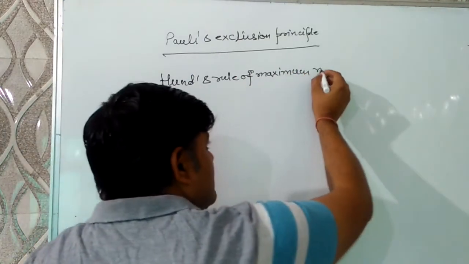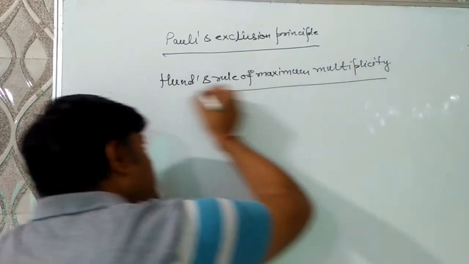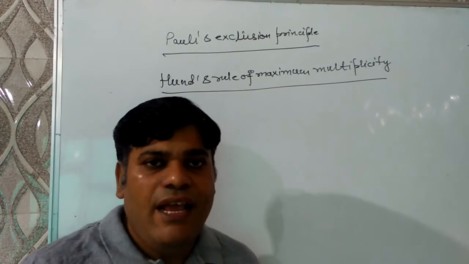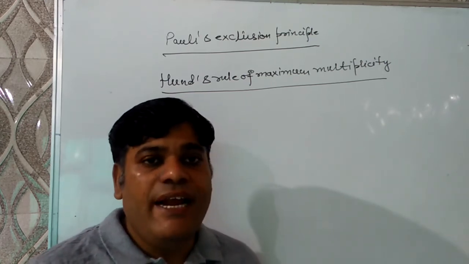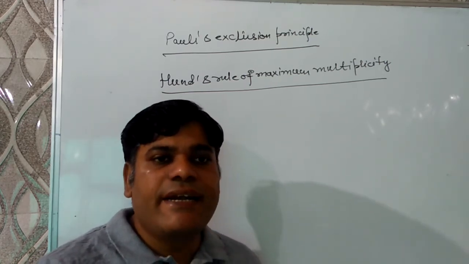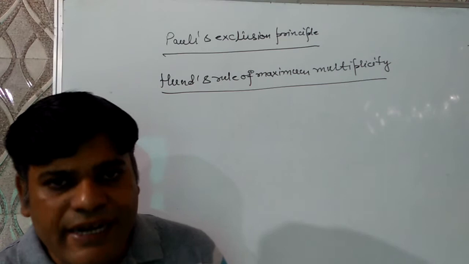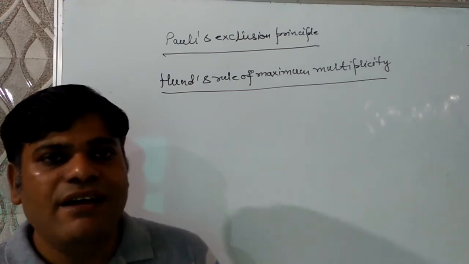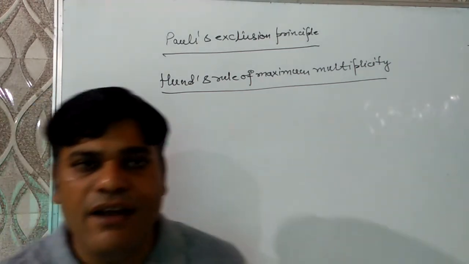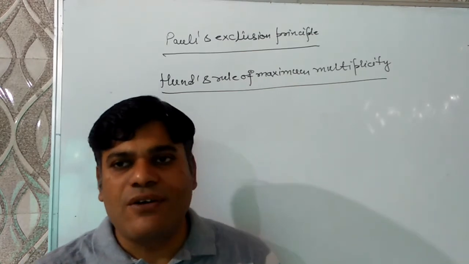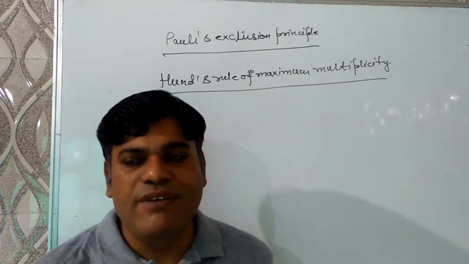It is also a very important one, and it states that the pairing of electrons in a degenerate set of orbitals, degenerate meaning orbitals which have the same energy, cannot take place until each orbital is filled with an electron of the same spin. I am repeating. According to this rule, the pairing of electrons in a degenerate set of orbitals cannot take place until each orbital is filled with an electron of the same spin.